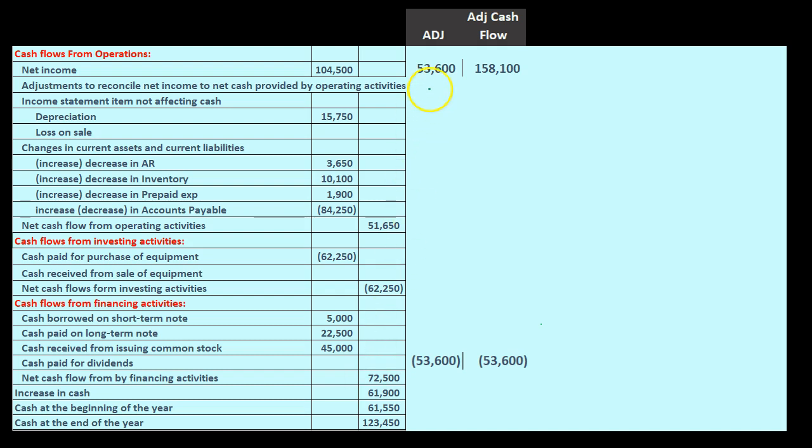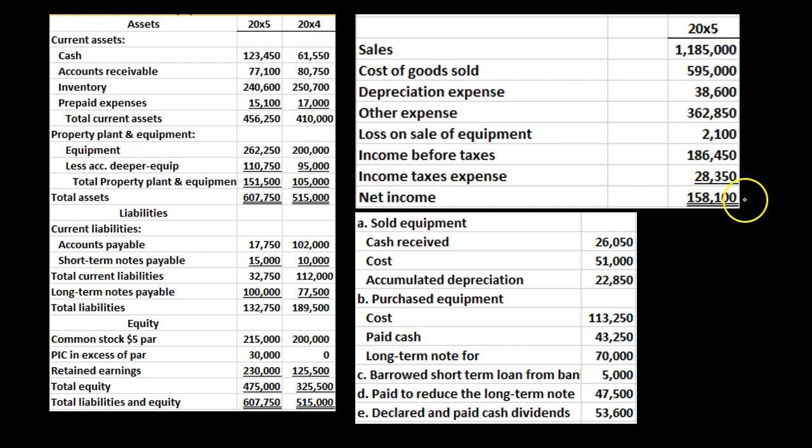We want to say, okay, if we're going to adjust net income to what is on the income statement, hopefully, then we also want to adjust something else so that that difference that we got from the difference in retained earnings is still there. If we did not do it this way, in other words, if we took this number, which is the amount on the income statement, that's the number we wanted.